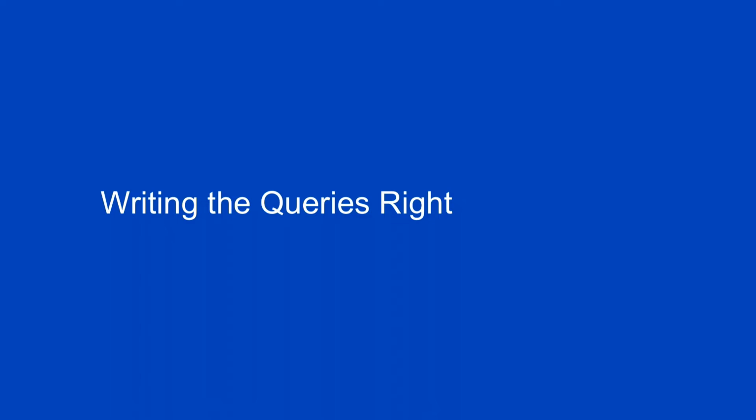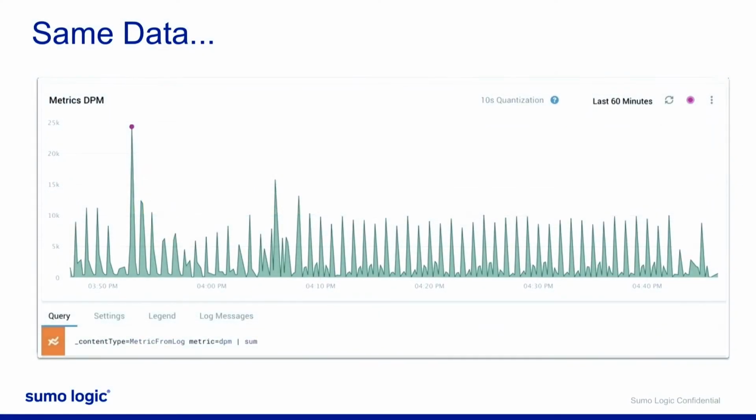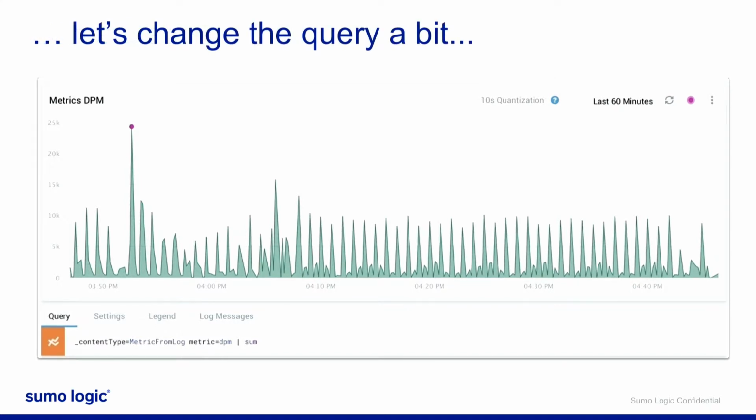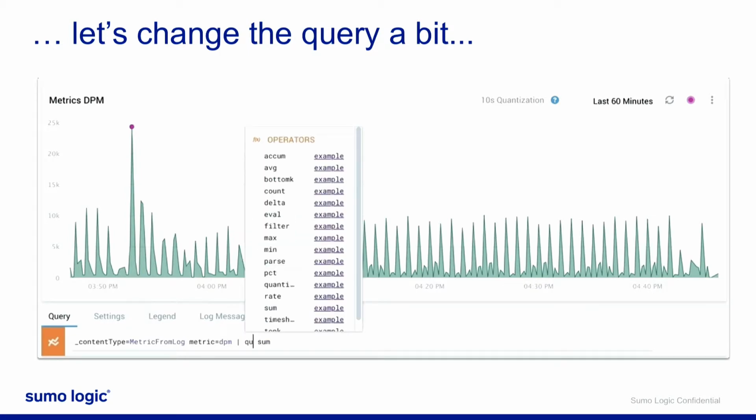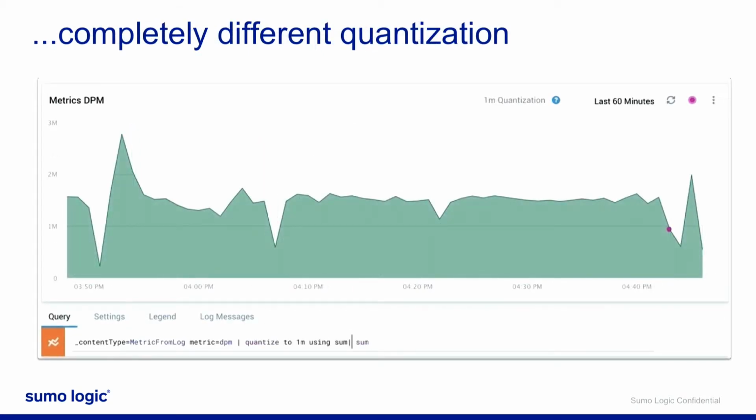So let's take as an example one metric that's very spiky right now. And the reason for that is because we've been using the quantization slightly wrong. What happens in this scenario is the data is actually produced more or less every minute rather than much more frequently.